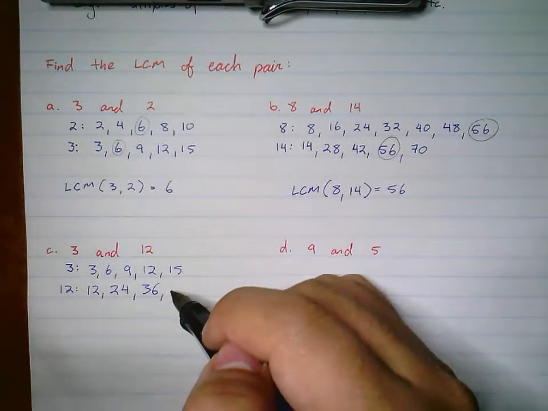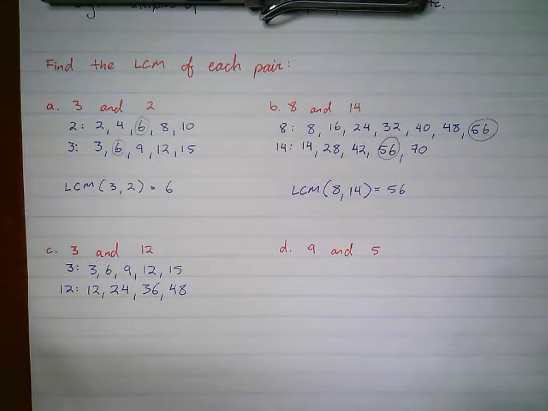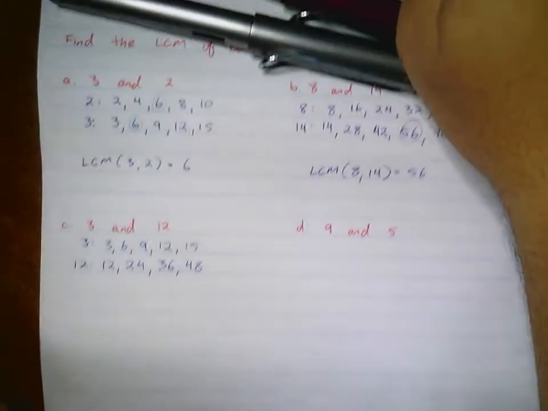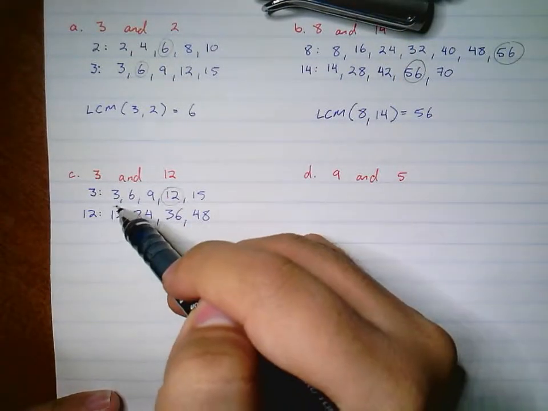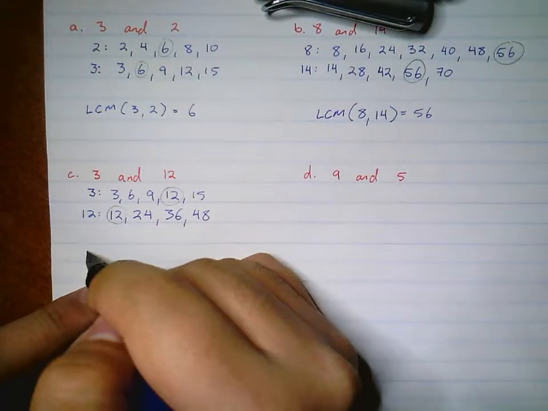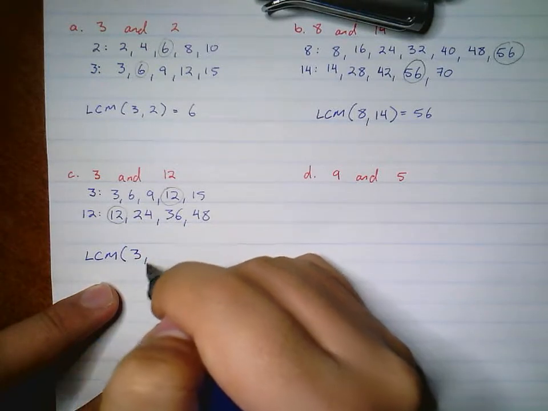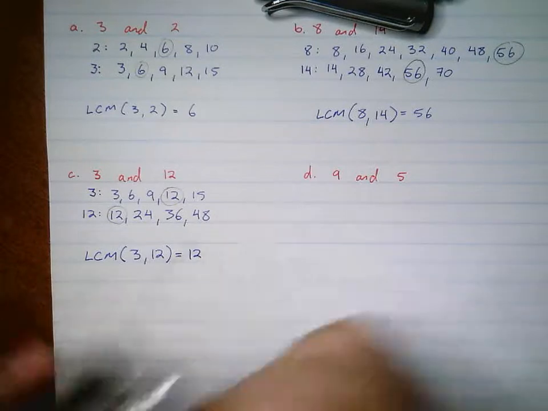I could really just stop here. But I can already see the lowest common multiple between the two. We have 12 and 12. So the lowest common multiple between 3 and 12 is 12.